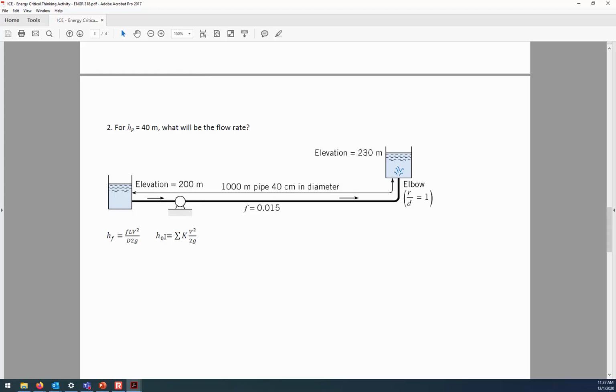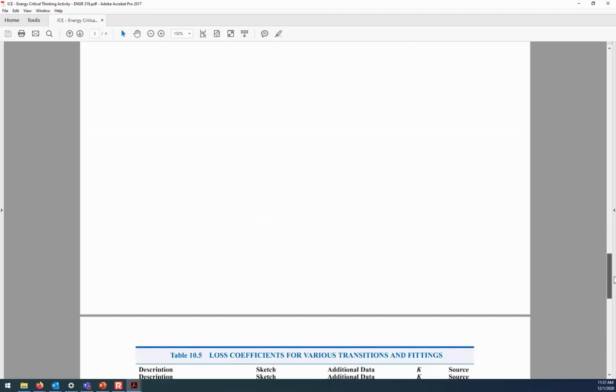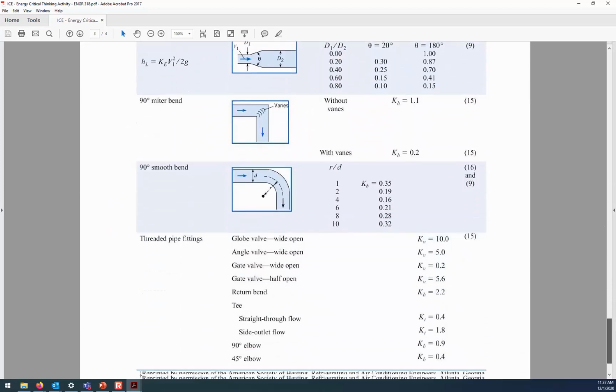Now, I mentioned that I was going to show you how you deal with the K values, and what you do is, for the local losses, you add up all of the K values together, and then you multiply that by the velocity head, v squared divided by 2g. And so remember, for this r to d of 1, let's refresh our memory on what the K value is there.